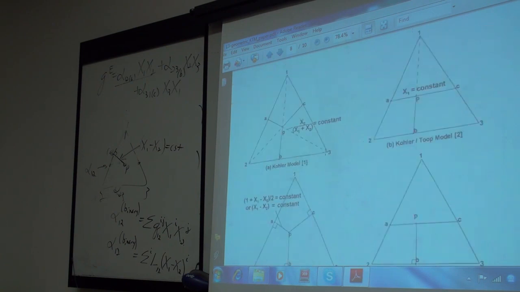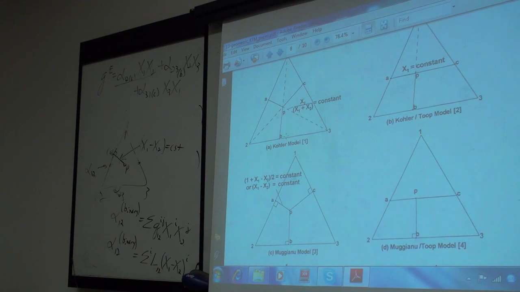Okay, now how do we go? We're setting up a database for a multi-component system. For each ternary system, we have chosen one of these techniques. Generally, if it's here, we probably will have chosen this one or this one. But for this one, there are 3 possibilities.